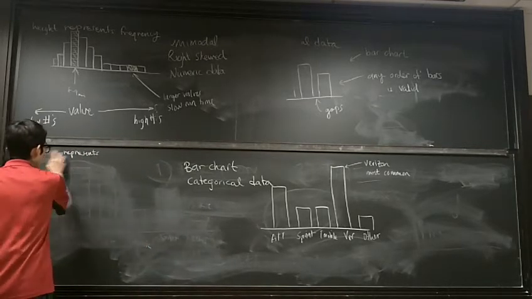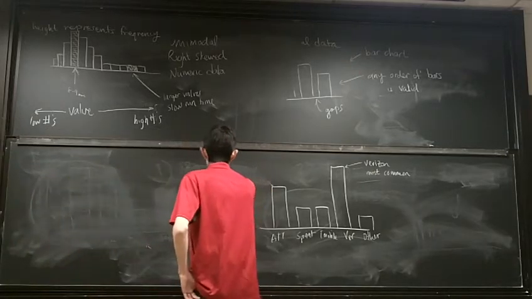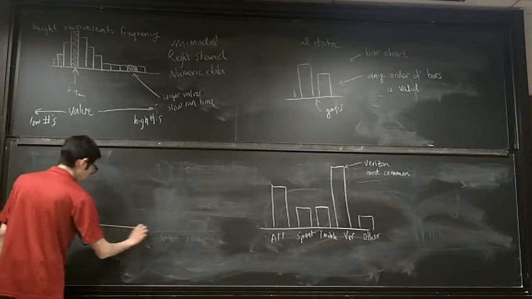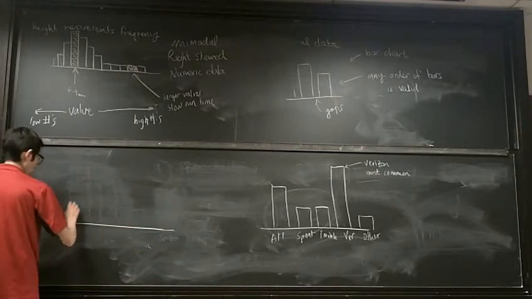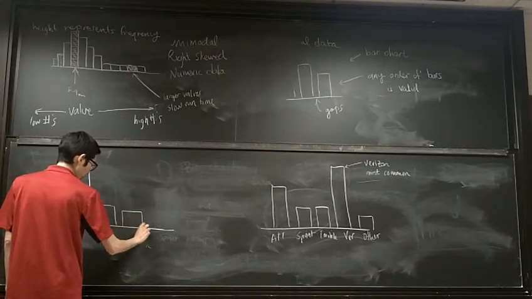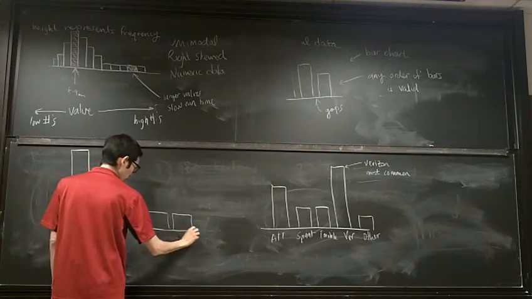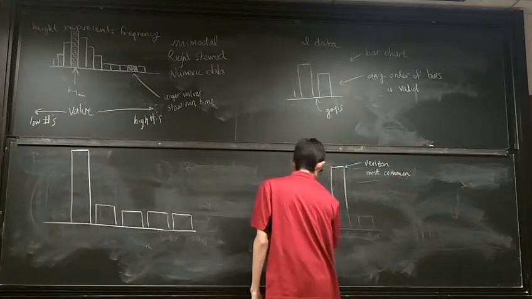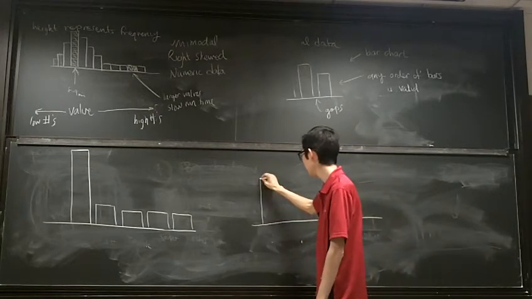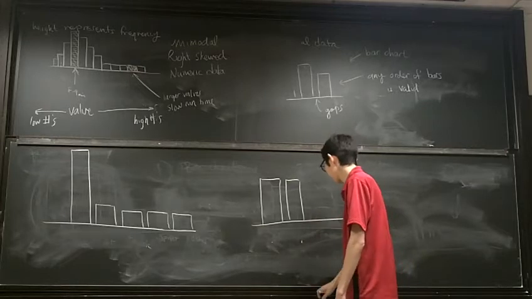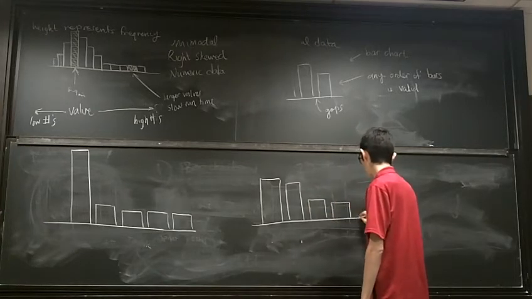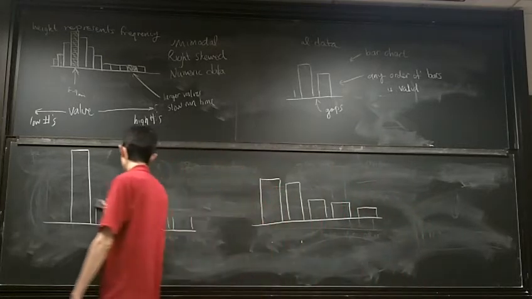There's this notion of variation, okay? So this is a bar chart representing some categorical variable. Let me just exaggerate this one a little bit more.